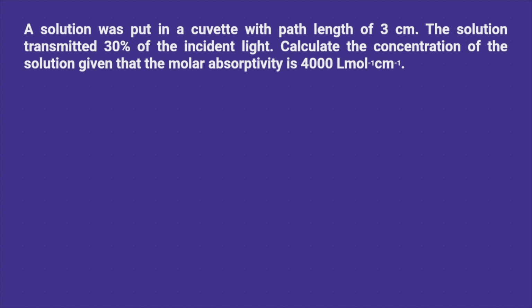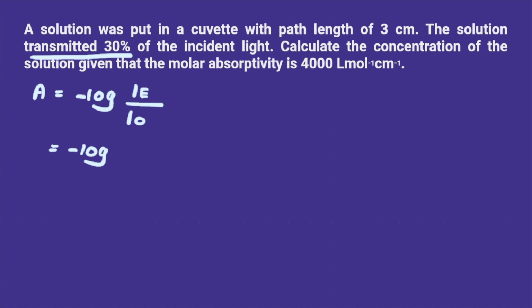Alright, unlike the previous question, now we are going to use another formula, which is for absorbance is equivalent to negative log the incident light at the end divided by the incident light at initial stage. So basically here, negative log, at the end it says that it transmitted 30%.